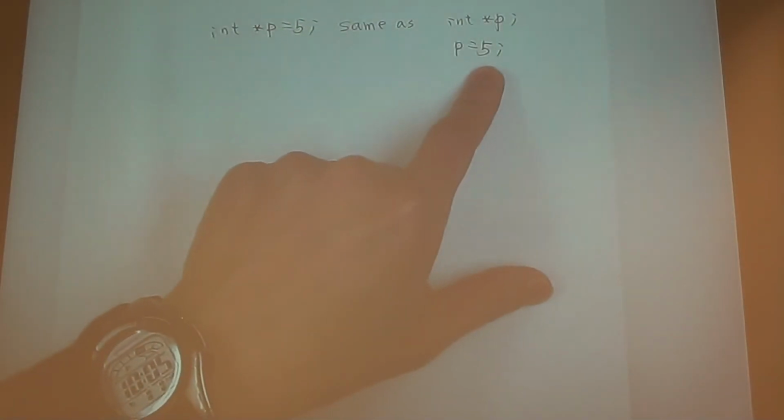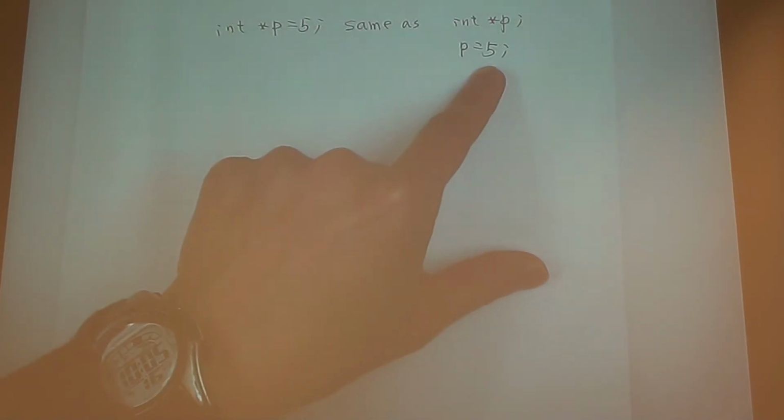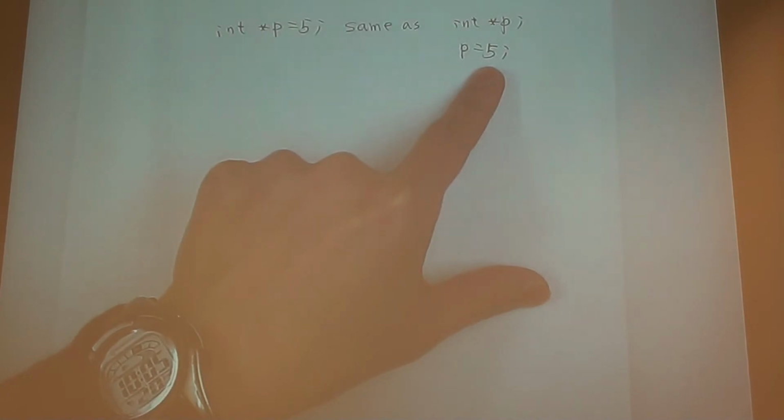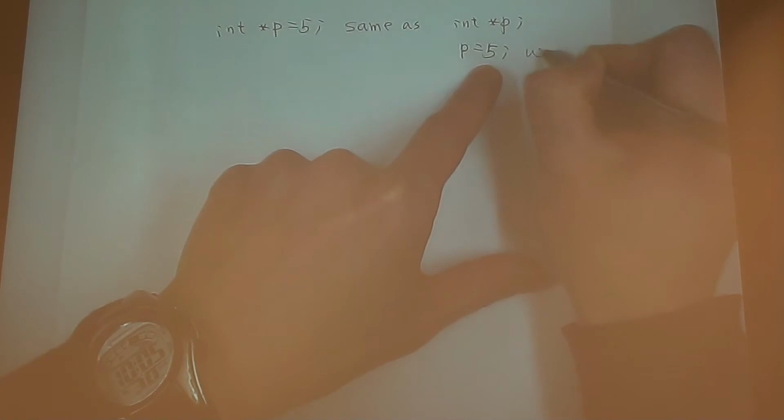Remember p is a pointer, so p's value is an address. So you are saying I want to do something with address number 5. That's what you intend to do by writing this. How do you know address number 5 is accessible to your program? You don't. So you get a compiler warning.